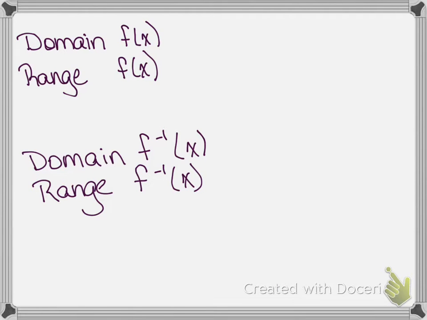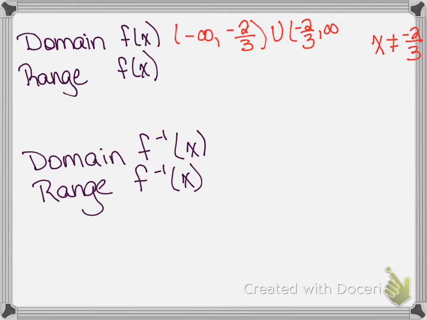So here, my domain: x cannot be negative 2/3. Is it okay if it's anything else? Yes. So the domain of my original function is negative infinity to negative 2/3, union negative 2/3 to infinity.